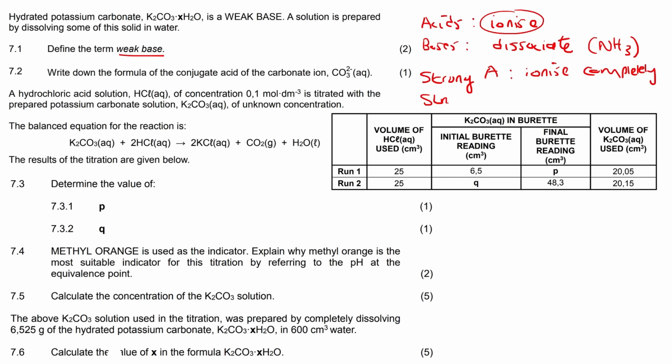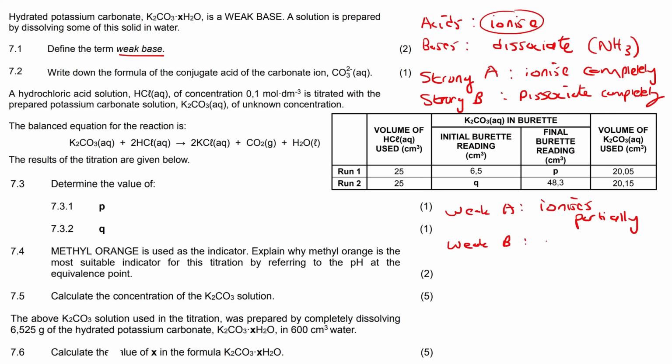And if it's a strong base, it would dissociate completely. Now, if it's a weak acid, then it ionizes partially. That means not really, just a little bit. And then if it's a weak base, it'll dissociate partially.